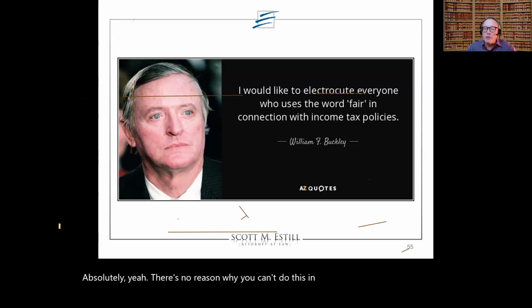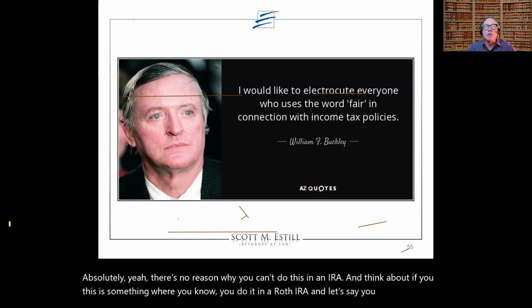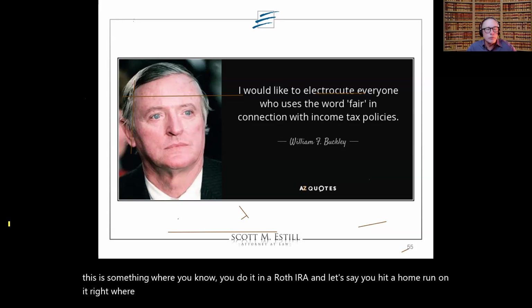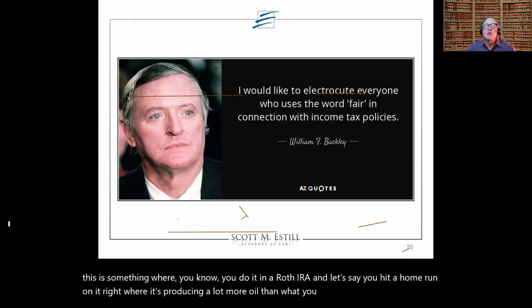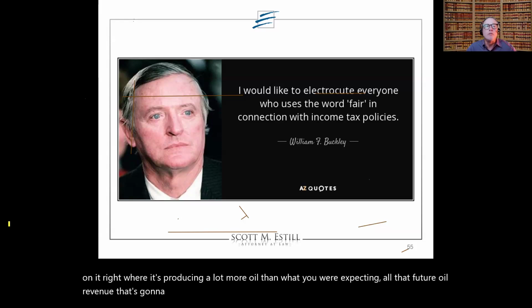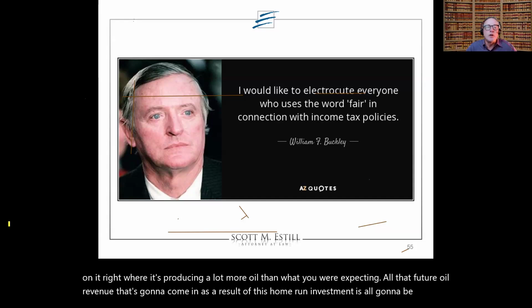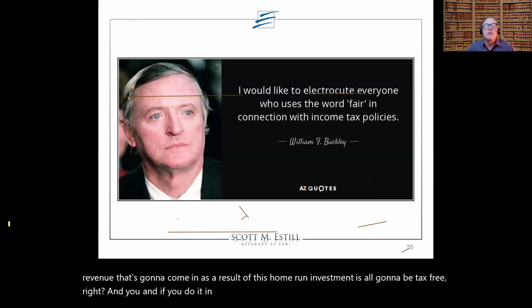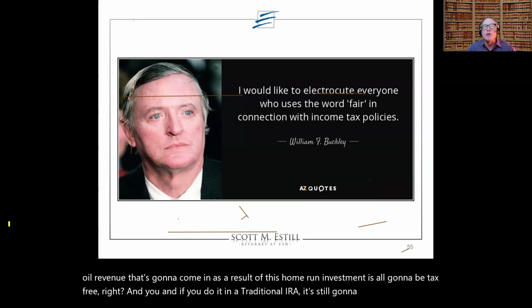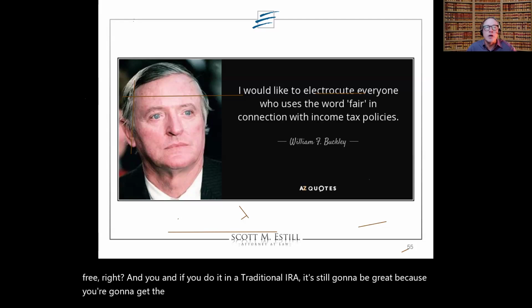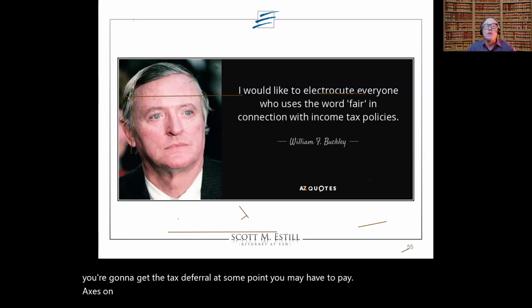Think about if you do it in a Roth IRA, and let's say you hit a home run on it, where it's producing a lot more oil than what you were expecting. All that future oil revenue that's going to come in as a result of this home run investment is all going to be tax free. And if you do it in a traditional IRA, it's still going to be great because you're going to get the tax deferral. At some point, you may have to pay taxes on it, but we're still going to be able to defer it.